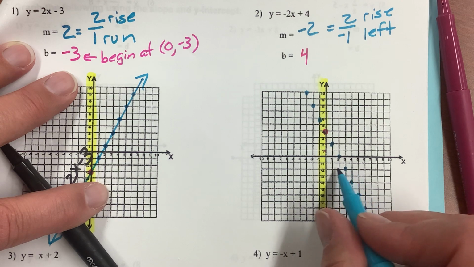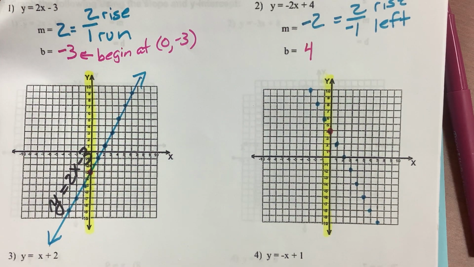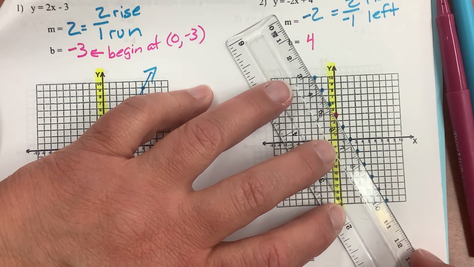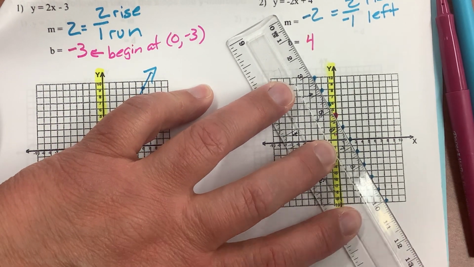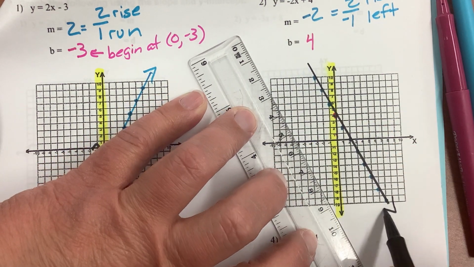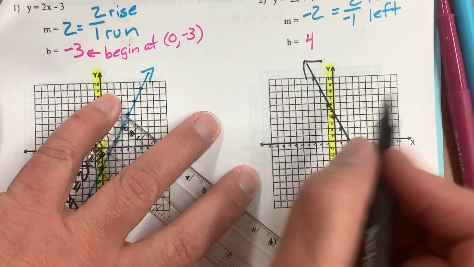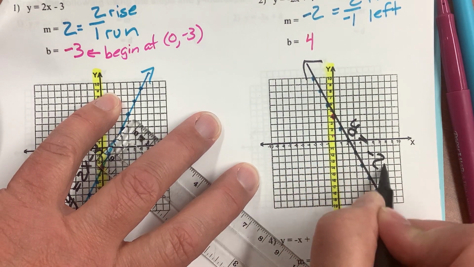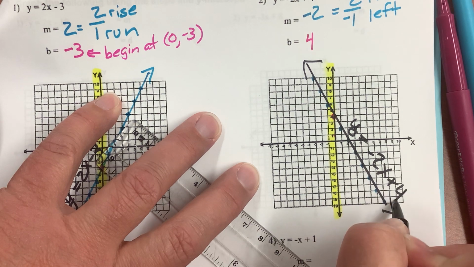Okay, now grab my ruler and connect the dots. Put arrows on both sides and write the equation y equals negative 2x plus 4.